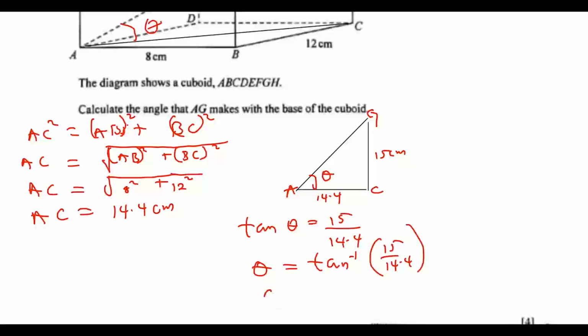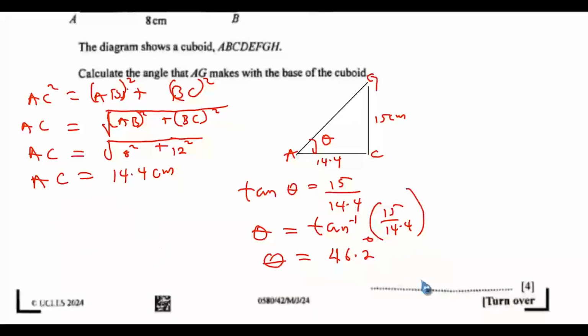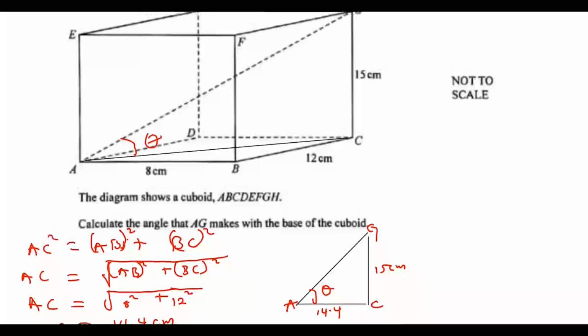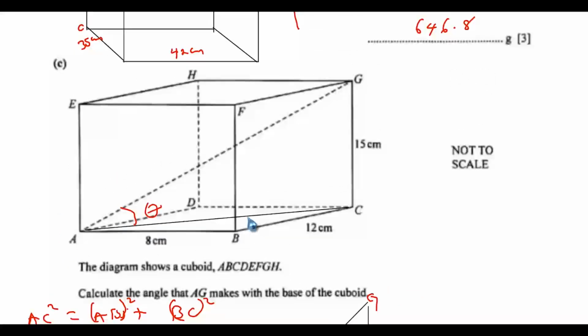If you input this into your calculator the way it appears before you, you should get the value of theta to be 46.2 degrees. So 46.2 degrees is the angle that the line AG makes with the base of this cuboid.